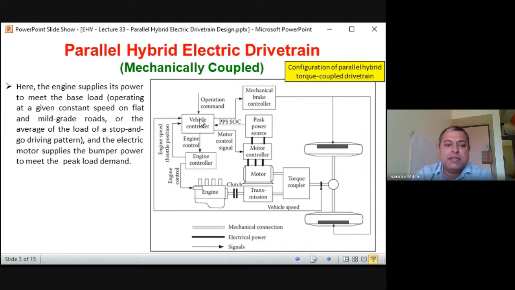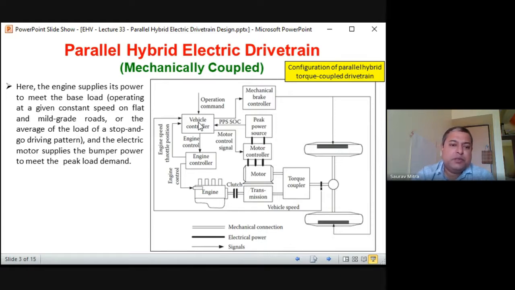Now, the vehicle controller accepts the inputs from the accelerator, the brake, the steering, the speed and the clutch. All these are accepted by the vehicle controller, and depending on the category, it sends signals to different parts of the vehicle.